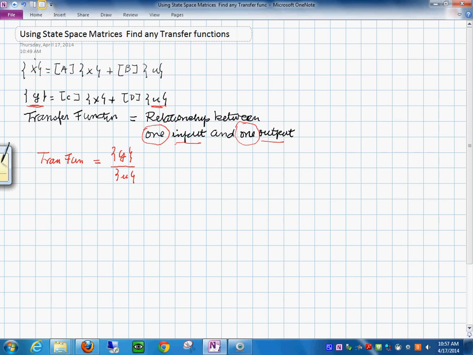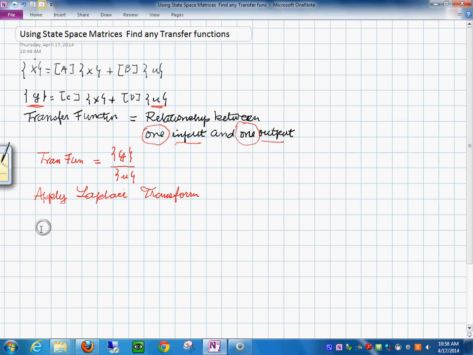So we have to use both of these equations. But the very first step is to apply the Laplace transform to the system of equations.